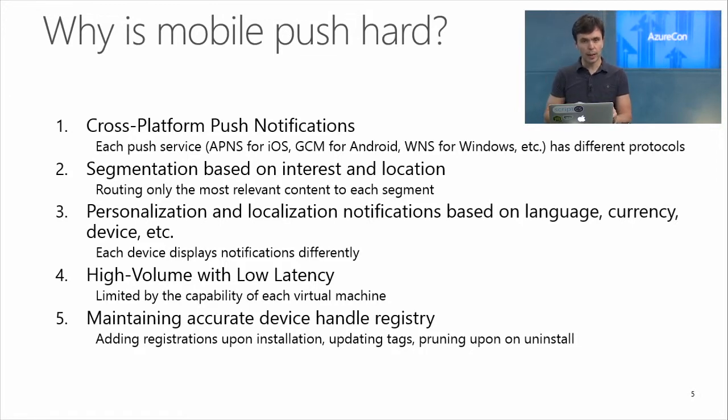You need to personalize your push notifications and deliver them to users at the time when they expect them, in a form that they expect them to be, in the language that they speak. Finally, you need to often send those notifications at really high volume and exceptionally low latency, and maintain an accurate registry so you don't send notifications to users that did not want to receive them.